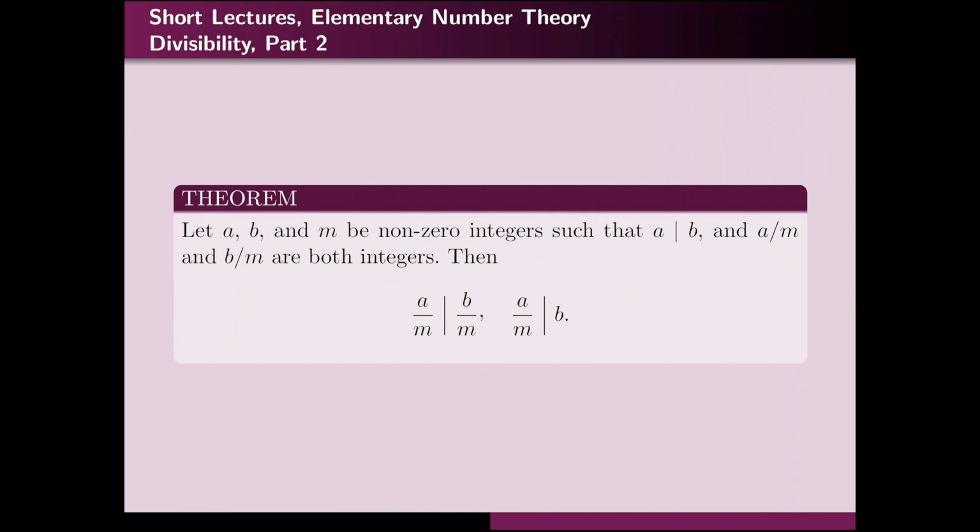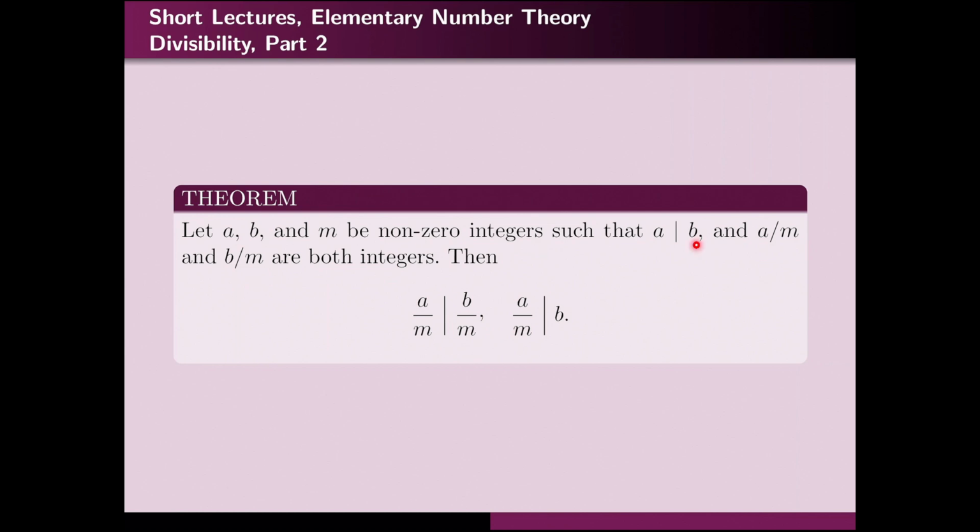And I can divide only one side. So I am allowed to divide both sides, or I am allowed to divide only one side. But if I want to divide only one side, that one side should be the left-hand side. Okay?